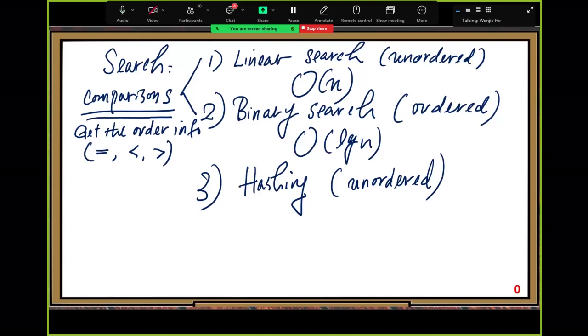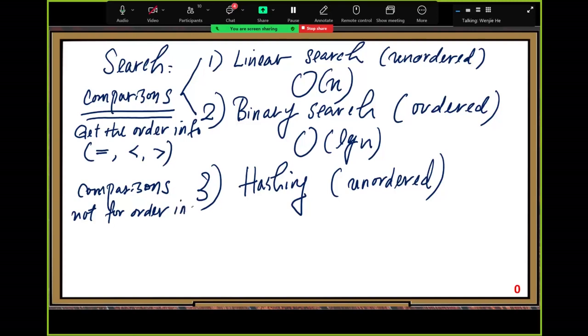In the operation, you also do comparisons, but you do not get order information. It is not for order information.